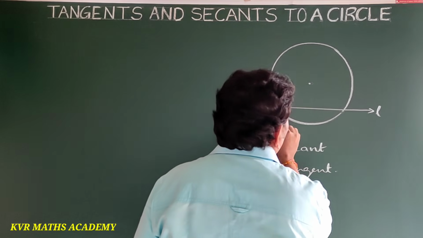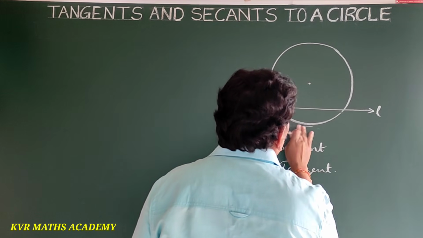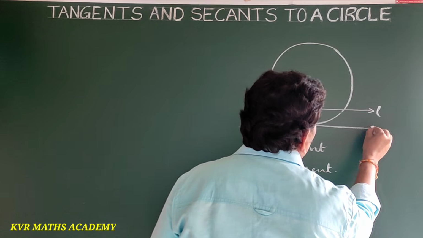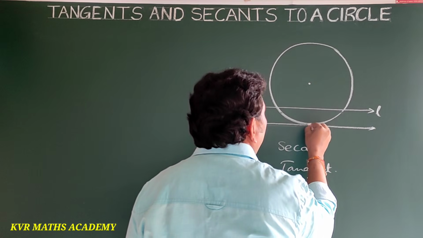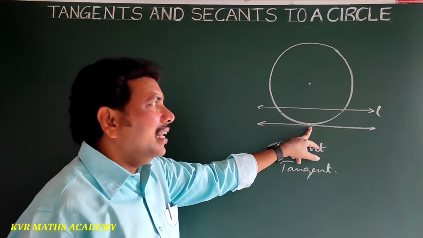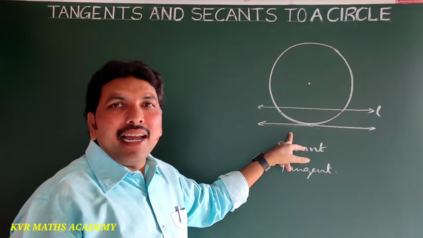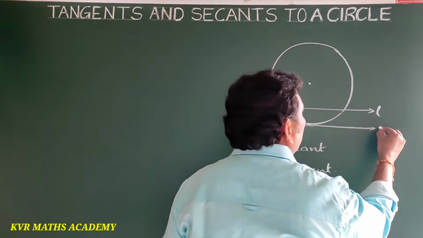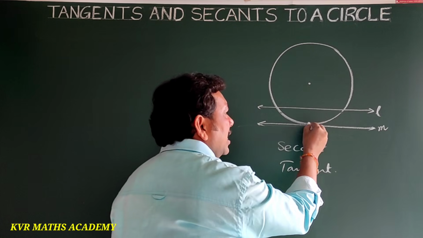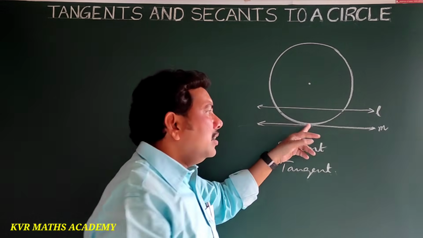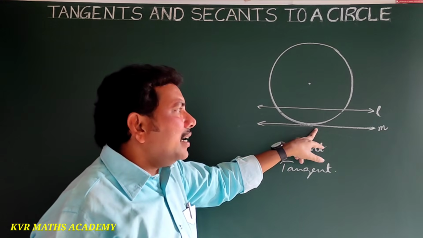Look here. This is the line which touches at only one point on the circle. Suppose M is the line which touches at only one point on the circle. So this is the tangent of the circle.